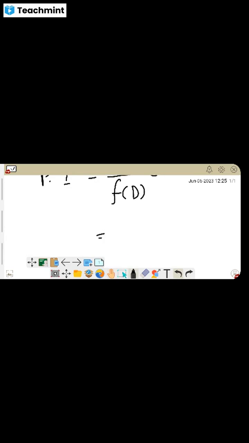So PI is 1 upon D square plus 2D plus 3 into e to the power 3x. On comparing, we can see here 3 is a.